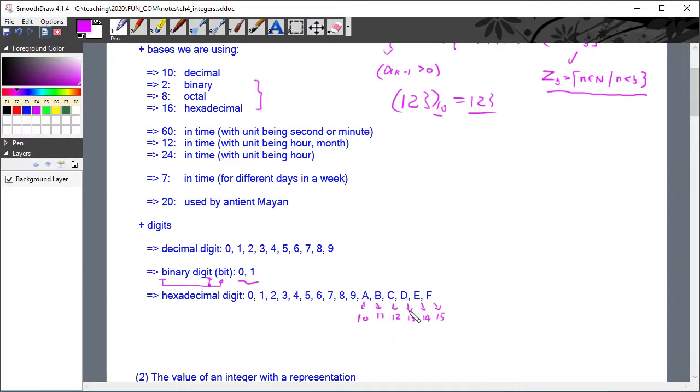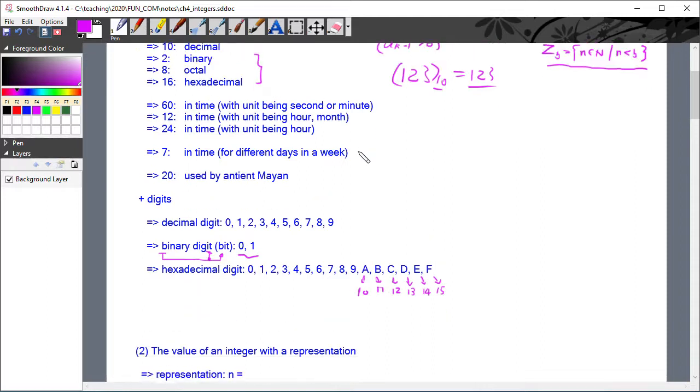At this point, I can just find that this is a type of encoding. We know this decimal number is, for example, 12, but we want to use a symbol. This process is called encoding. So we are going to use the letter C to represent 12 in the hexadecimal system.